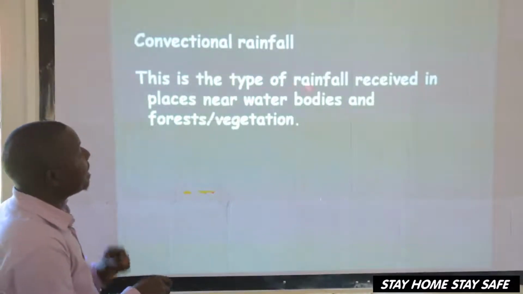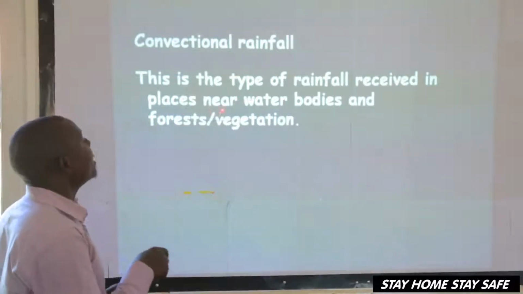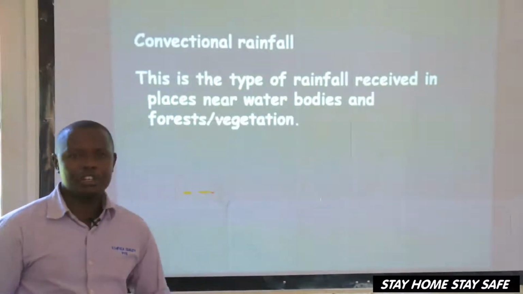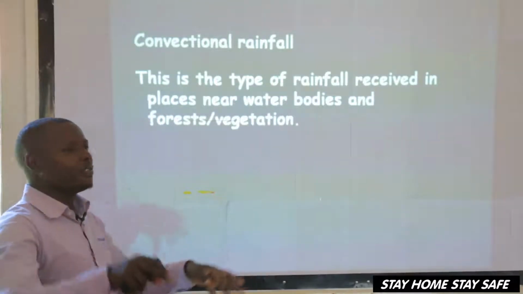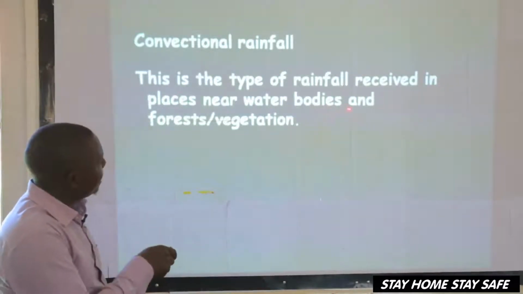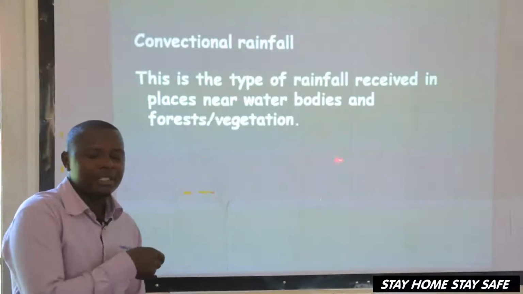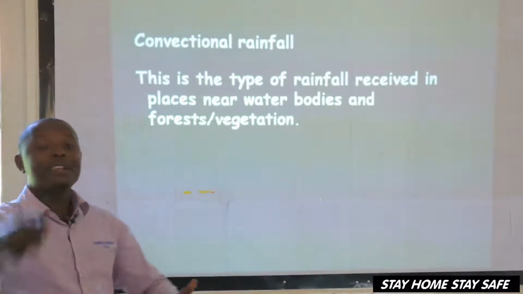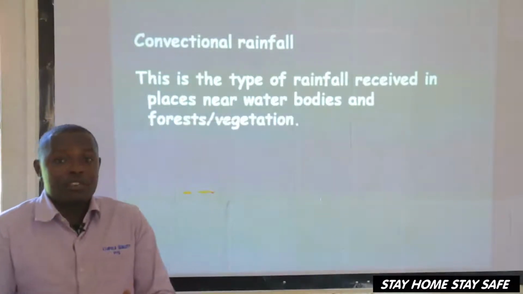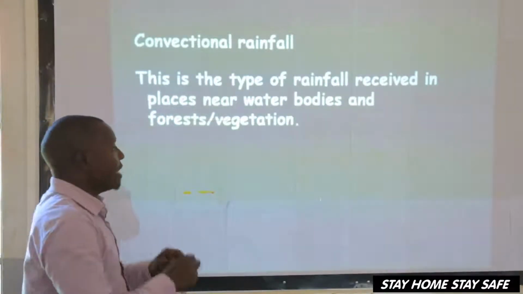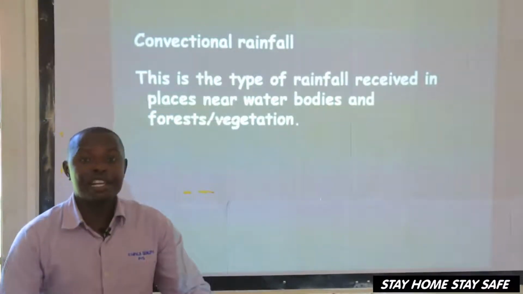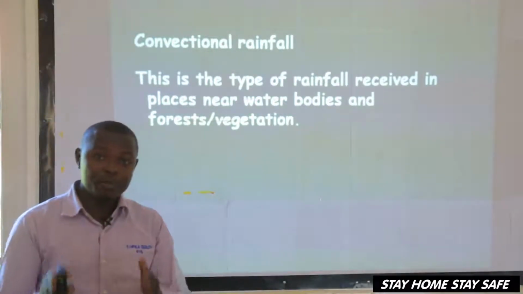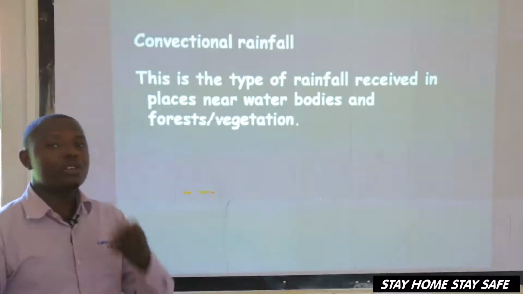Convectional rainfall is the type of rainfall received in places near water bodies and forests of vegetation. Places neighboring Lake Victoria receive convectional rainfall. And places that are near Mabira Forest, Maramagambo Forest, those people receive convectional rainfall.